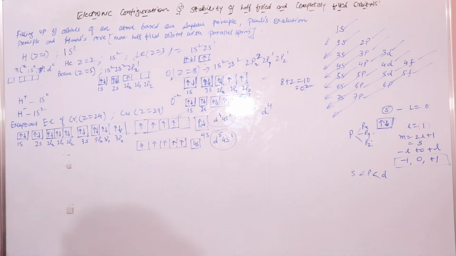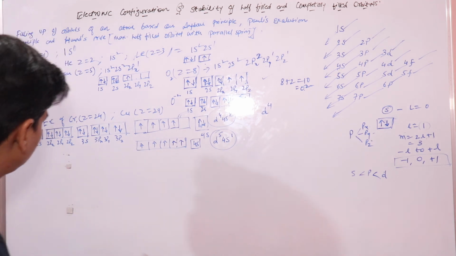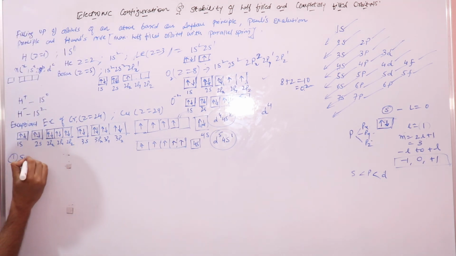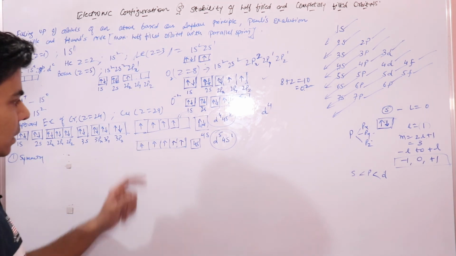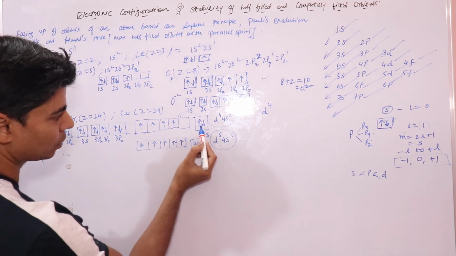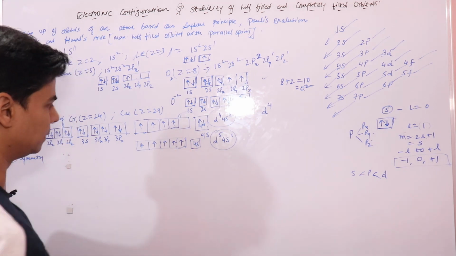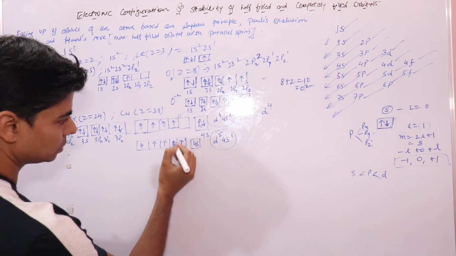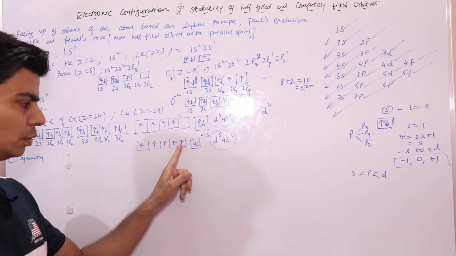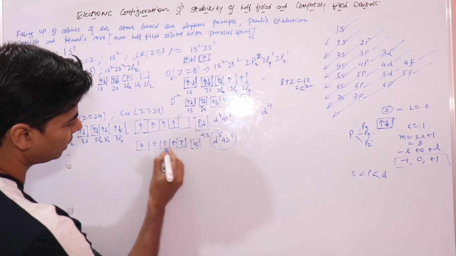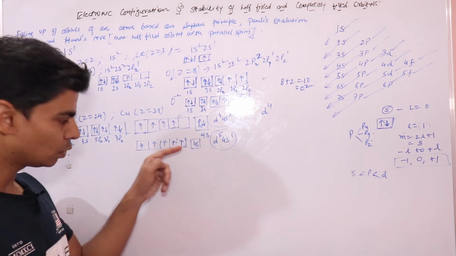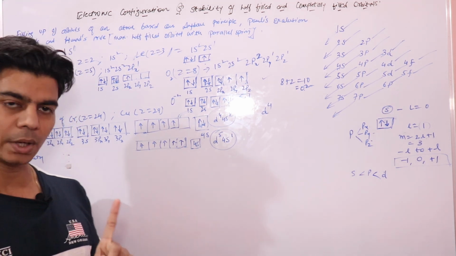What is the reason? The first reason behind this is symmetry. Here you can see that when I shifted an electron from the 4s orbital to the d orbital, it led to symmetry. You can see now all these orbitals look alike. All these orbitals have one electron.